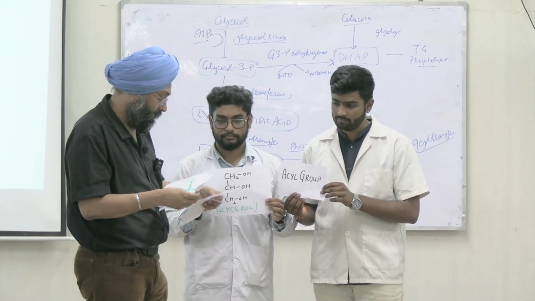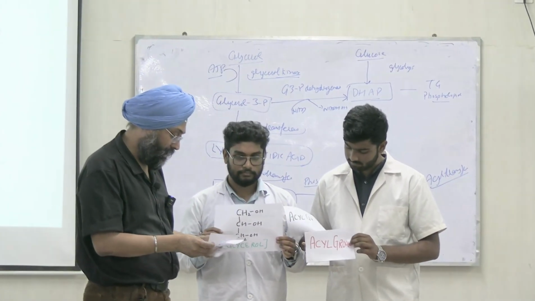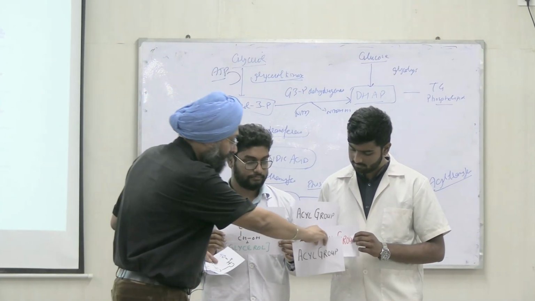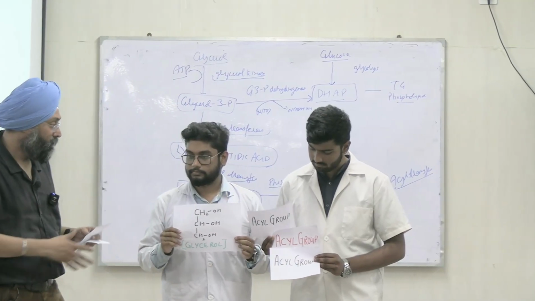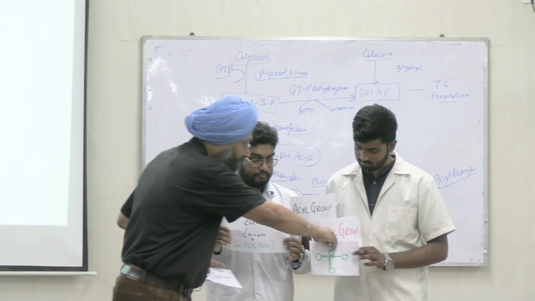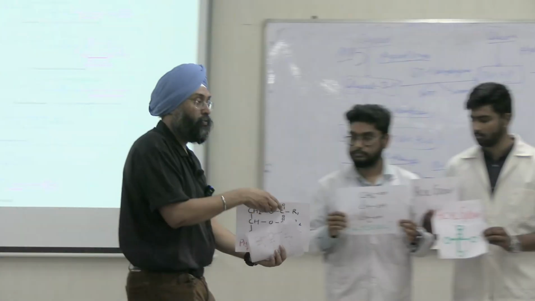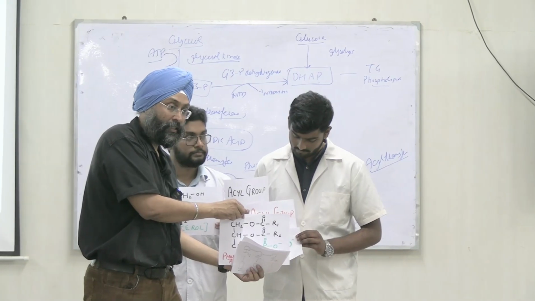We attach another acyl group, it becomes diacyl glycerol. Then we attach another acyl group, it becomes triacyl glycerol. But instead of the third acyl group, I am attaching phosphate. It becomes phosphatidic acid. Clear to all of you?